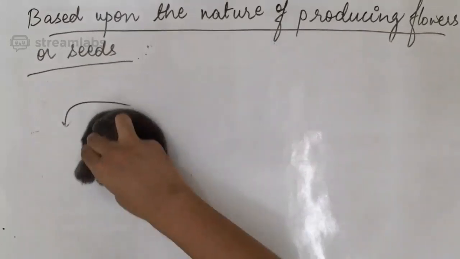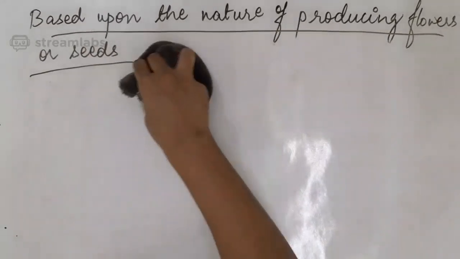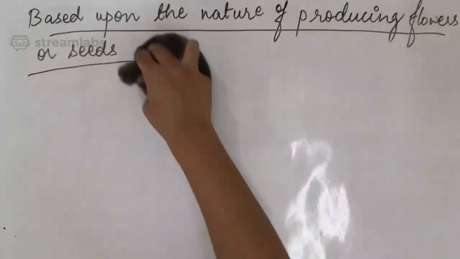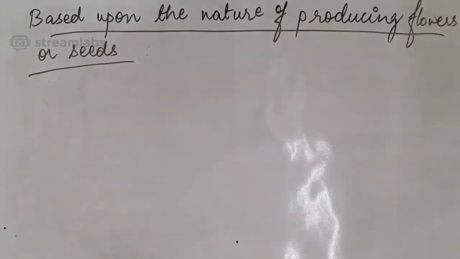The phanerogams bear seeds and flowers as well, and the flower has the male and female reproductive parts respectively.